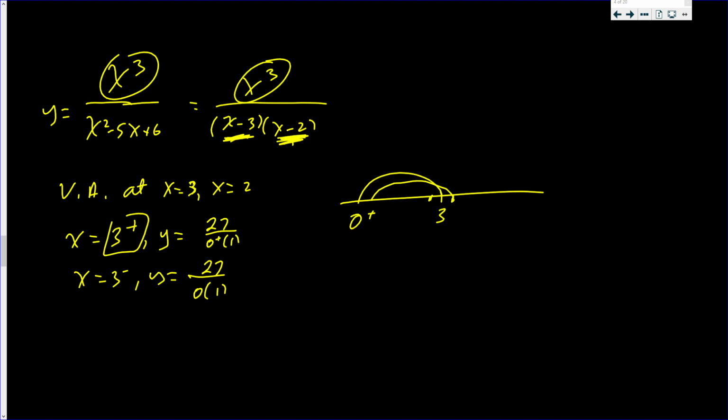If you're a little bit less than 3 and you take away 3, you're going to be negative. So 27 over 1 is 27, positive over 0 positive. That fraction is positive infinity. Positive divided by a negative number is going to be negative infinity.